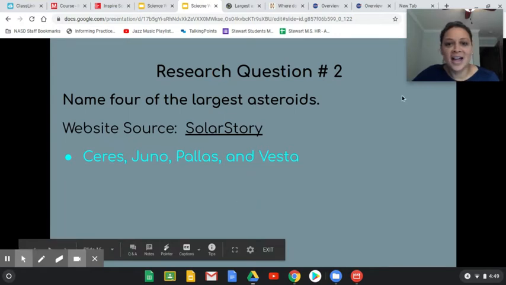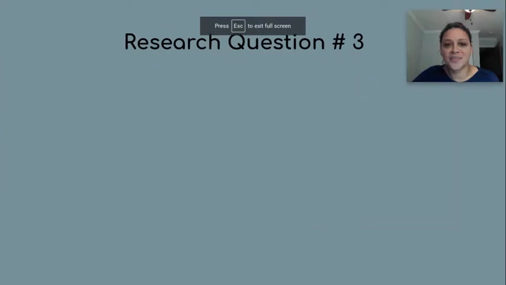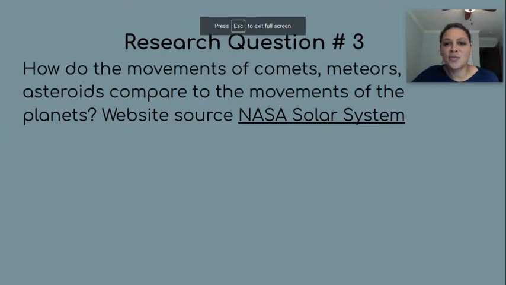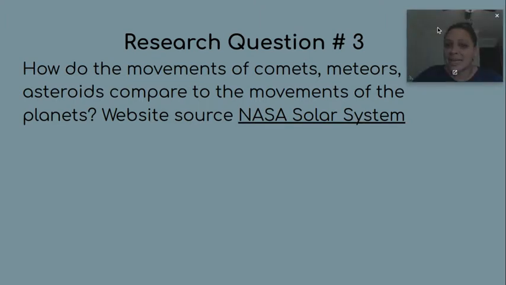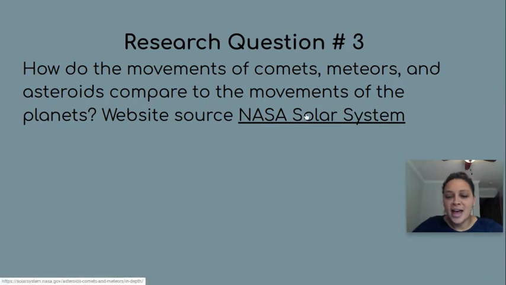All right, and we have one more question. How do the movements of comets, meteors, asteroids compare to the movements of the planets? So here I found my answer through researching on NASA's solar system website. And again, these are questions that aren't necessarily found in our science handbook, so we have to do some independent research to find the answers.